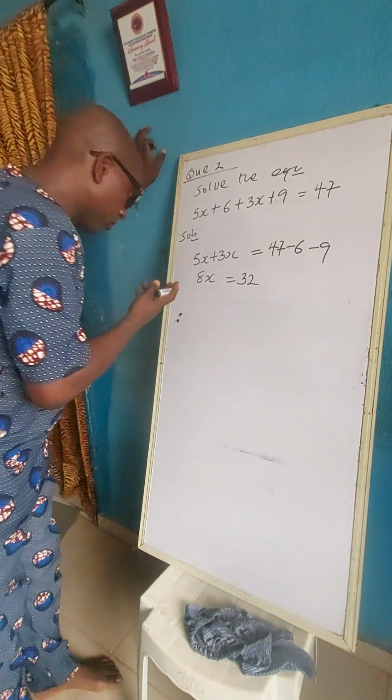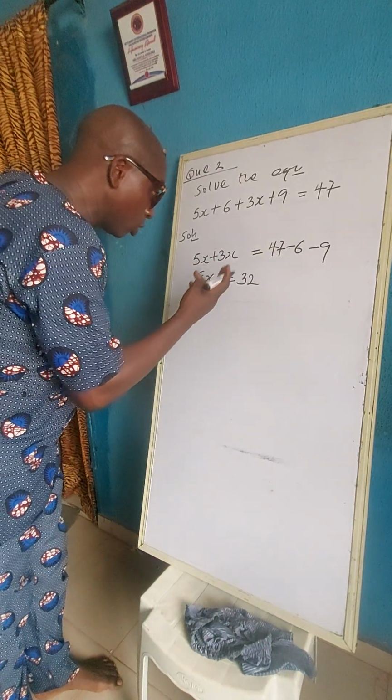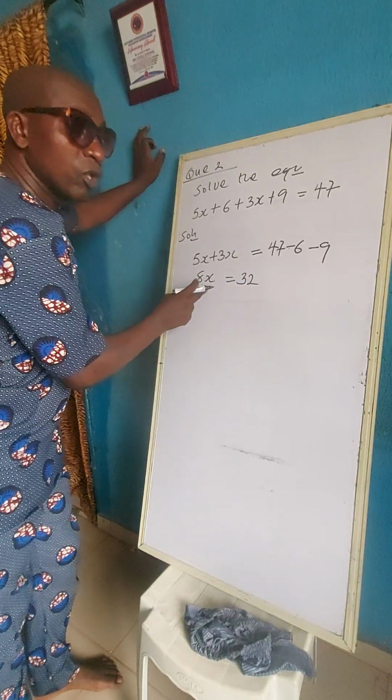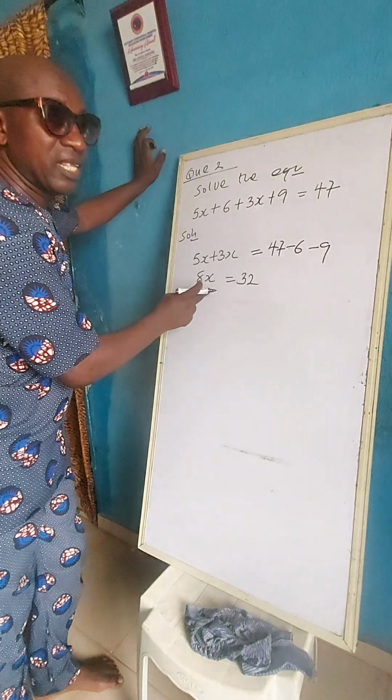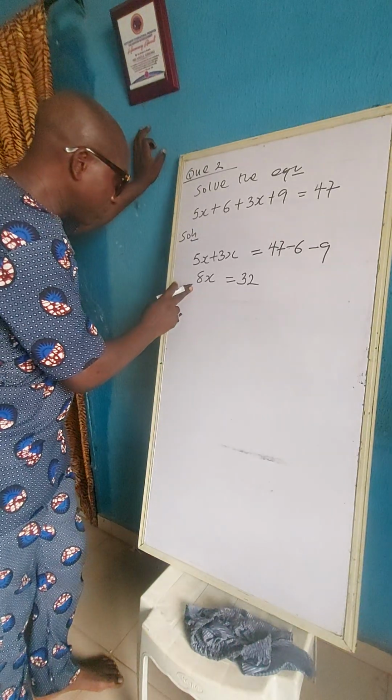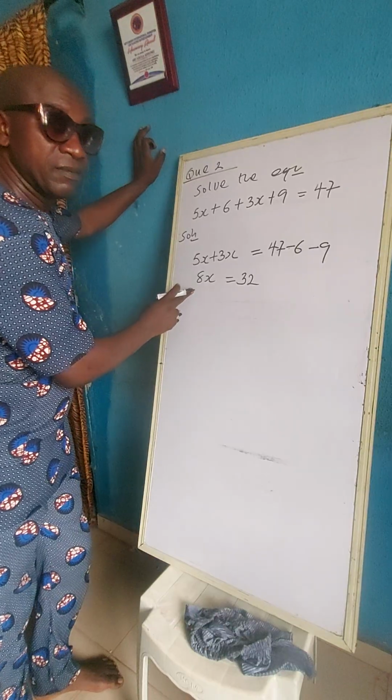That means 8x equal to 32. You are looking for this unknown letter, which is x. What is disturbing it? The coefficient there is 8.